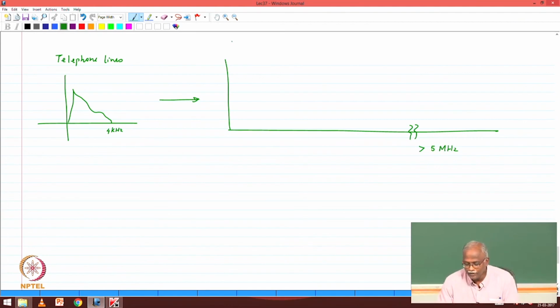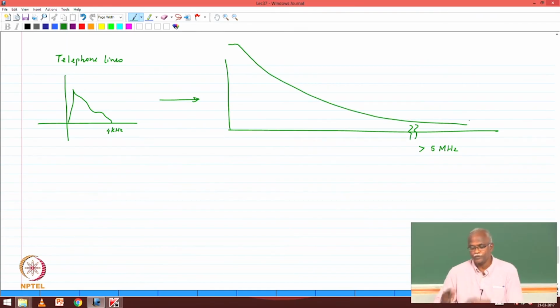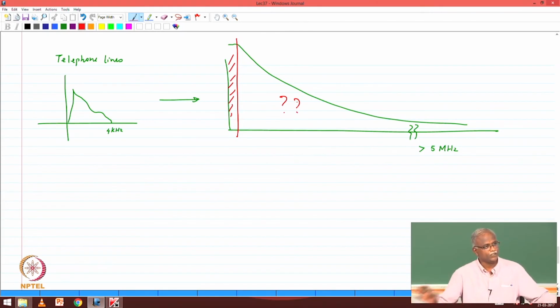But the problem is this bandwidth has a response which is very bad. The gain is very poor at high frequencies. So we use only the useful portion, and all of this is waste. On a copper line, we transmit only 4 kilohertz when it has so many megahertz of bandwidth.